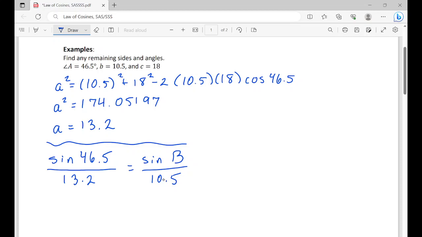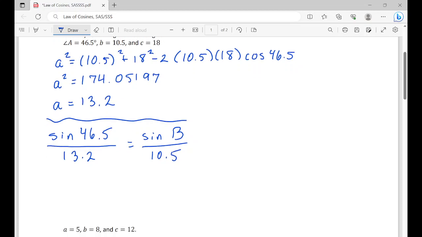So I'm going to multiply the 10.5 over, and I'm going to end up getting 10.5 sine 46.5 over 13.2, and that's going to equal sine B. And then I'm going to take the arc sine of both sides.